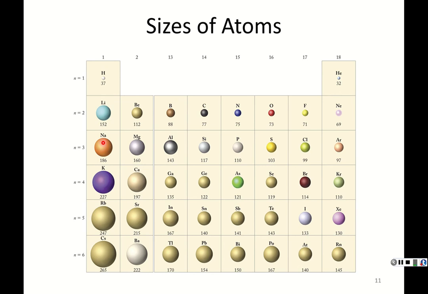The higher the effective nuclear charge, the tighter that atom's going to hold on to its electrons. It's going to hold them closer, and it makes that atom smaller. So the smaller the effective nuclear charge, the less tightly it will hold the electrons, and the atoms will be bigger. And the higher the effective nuclear charge, the tighter it holds the electrons, and it will be smaller.